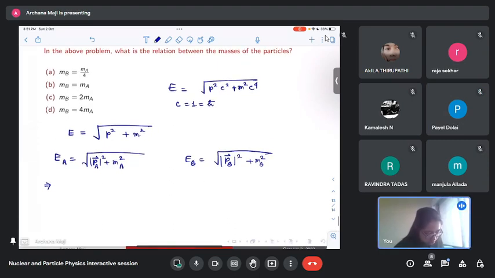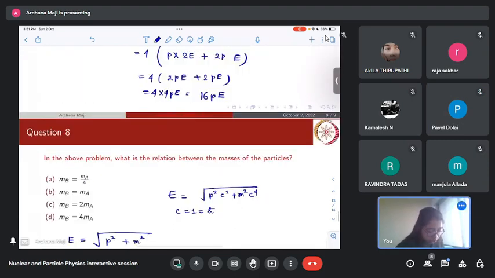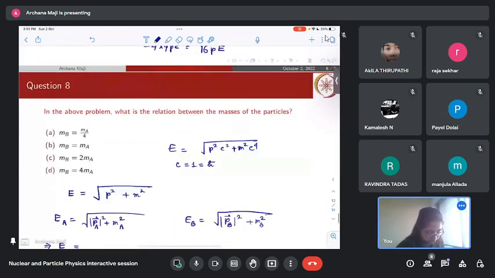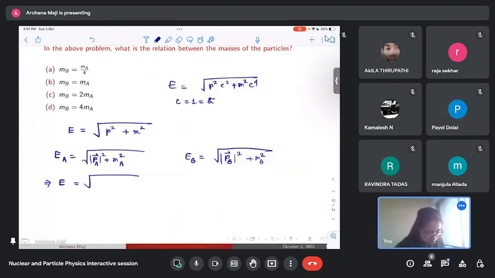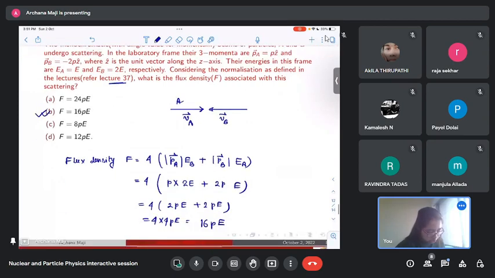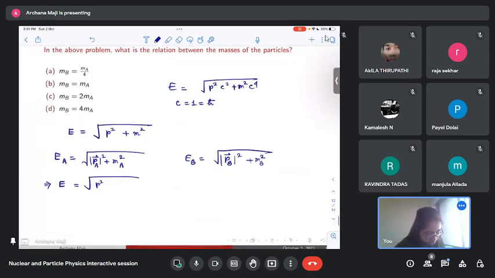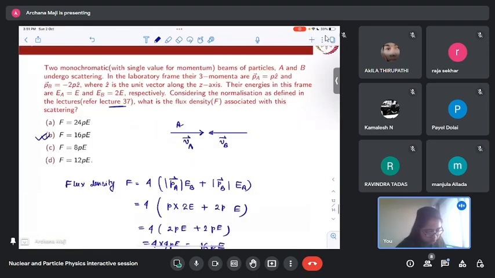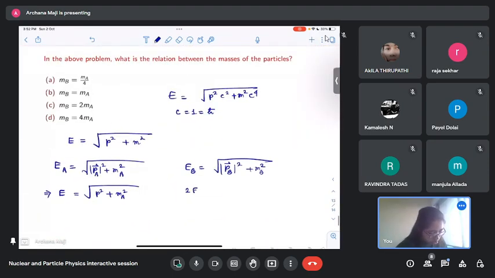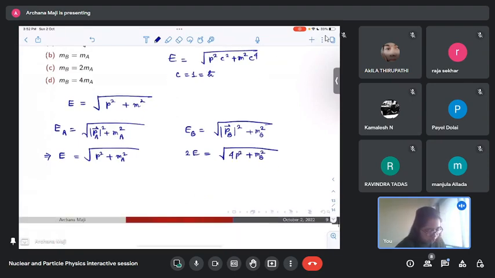Energy of A is E, and momentum was P, so E equals root of P square plus MA square, and energy of B is 2E, and momentum is also 2P, so root of 4P square plus MB square.